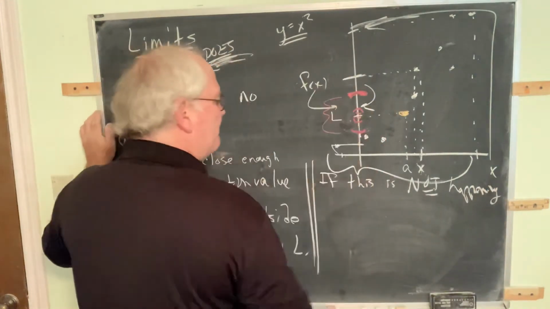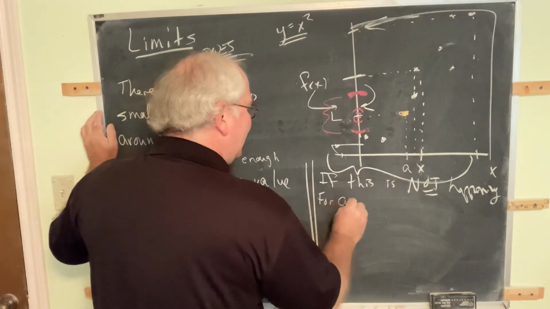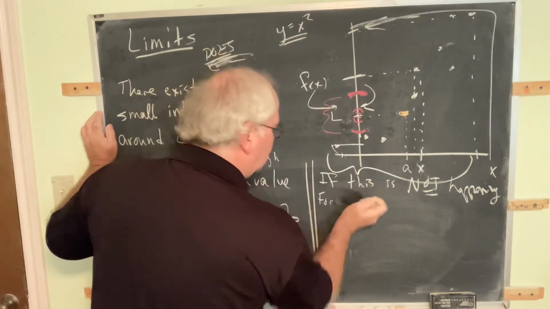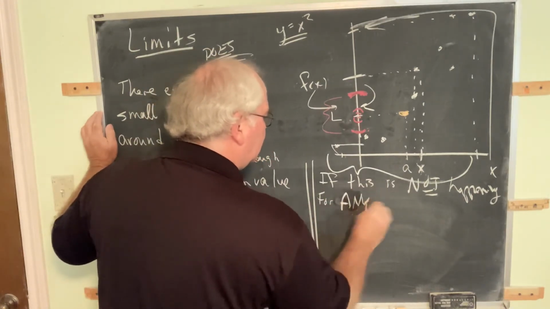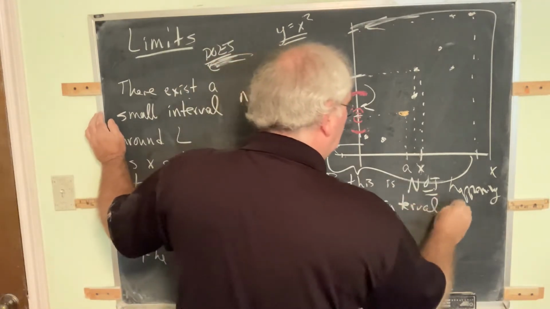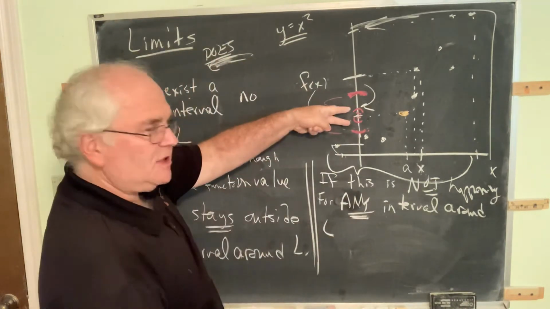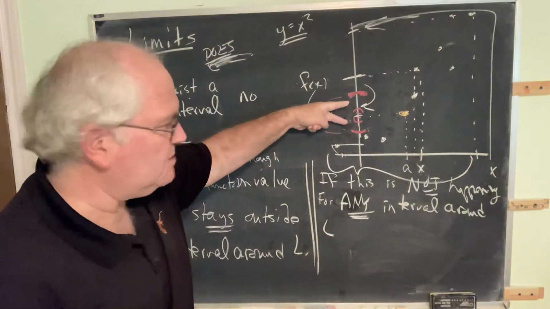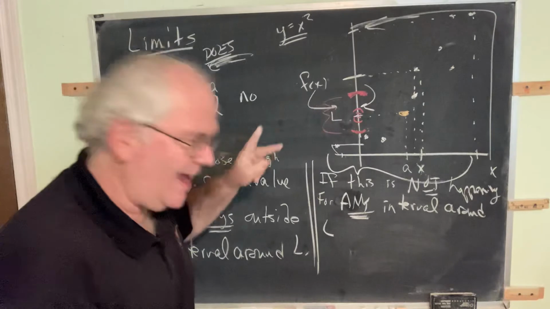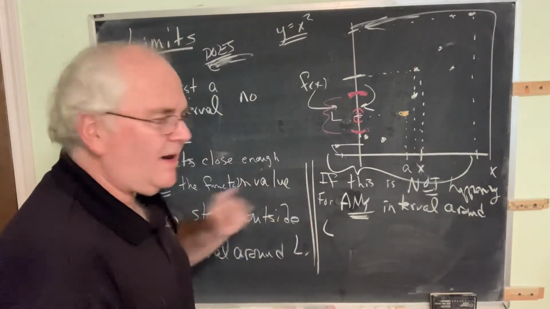If this is not happening, it means this. For any interval around L, no matter how small we choose, no matter how small the interval we choose around L. For any, however small interval you choose around L, what has to happen?